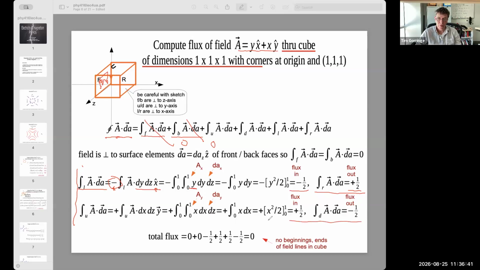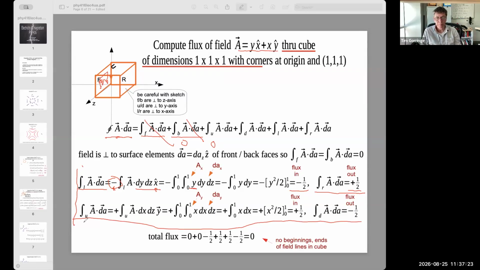I'm not going to bore us all with walking through the same calculation using the same approach for the remaining two faces. That's the upstairs face and the downstairs face. It's exactly the same procedure as the left face and the right face. The only thing that's changing is the dAs. The dAs are now perpendicular to the surfaces, perpendicular to the y-axis, so the dAs are in the y or negative y directions, rather than in the left-right case, where the dAs are in the direction of the x-axis.